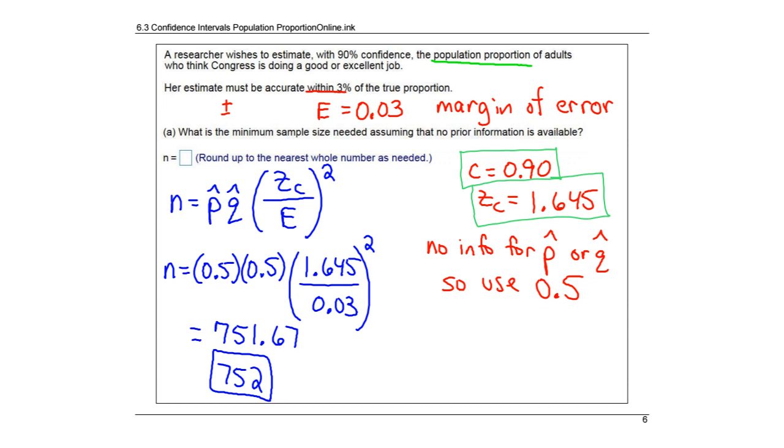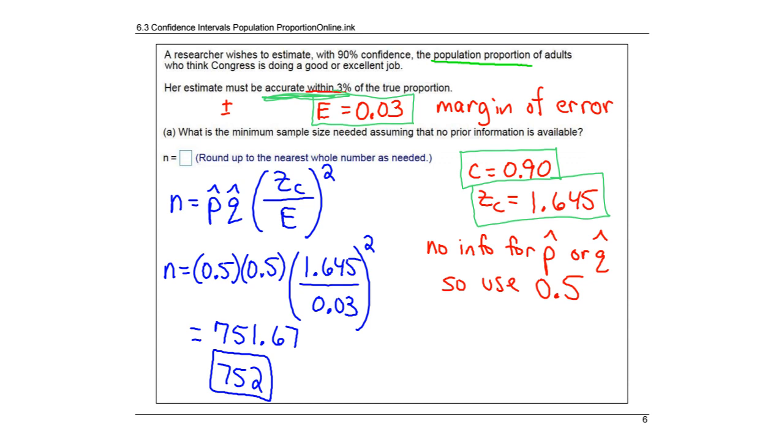All right, then it says we want to estimate the population proportion of adults who think Congress is doing a good or excellent job. The researcher's estimate must be accurate within 3%. So that means that that's the margin of error. Therefore, E is going to be 0.03.